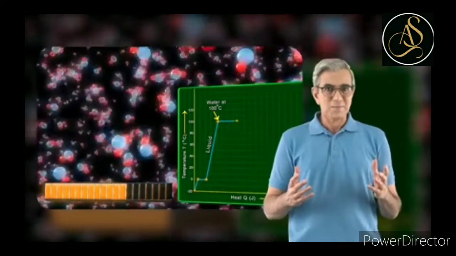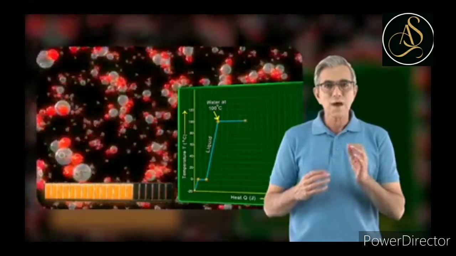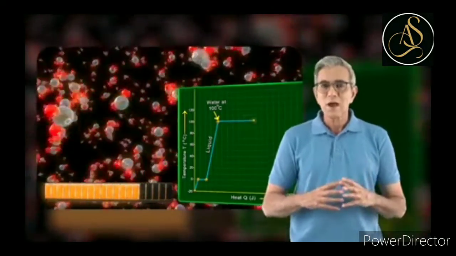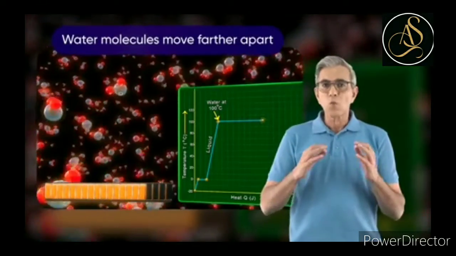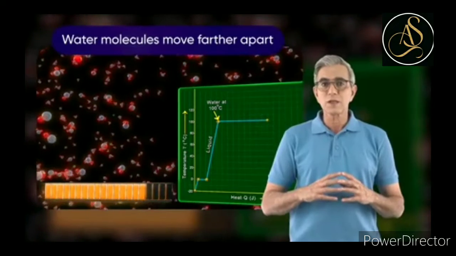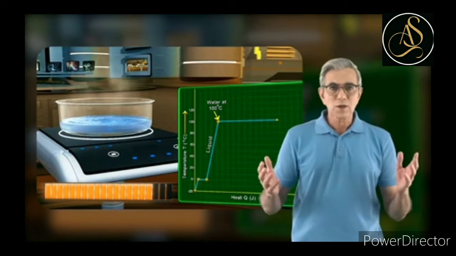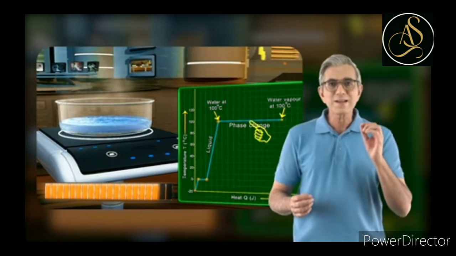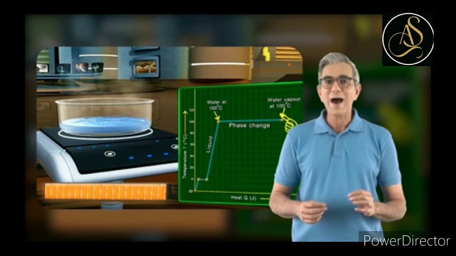During this time, the heat energy absorbed by the water molecules is enough to overcome the intermolecular force of attraction and they move farther apart. Hence, water further transforms its phase from liquid to vapor. Note that during this period, the temperature remains constant till the entire water has transformed into water vapor at 100 degrees Celsius.